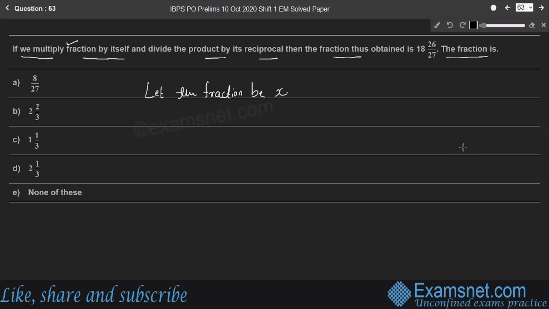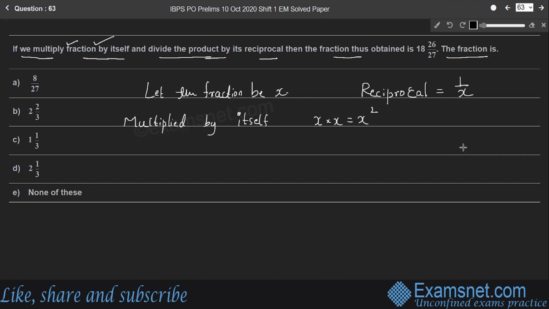If we multiply the fraction by itself, the fraction becomes x into x, which is x square. And divide the product by its reciprocal. The reciprocal of the fraction x will be 1 by x.